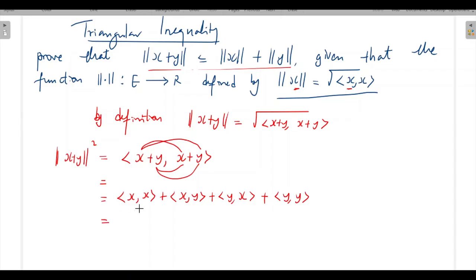So now let's put this together. We have x comma x plus, don't forget, one of the inner product properties, the symmetric property, says that x comma y is the same thing as y comma x. And if that should be the case, it means that we have 2 into the absolute value of x comma y, plus y comma y.